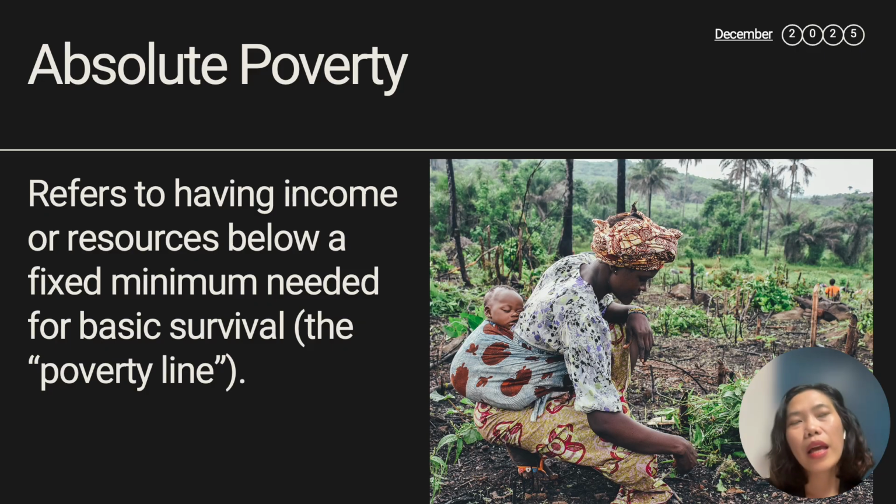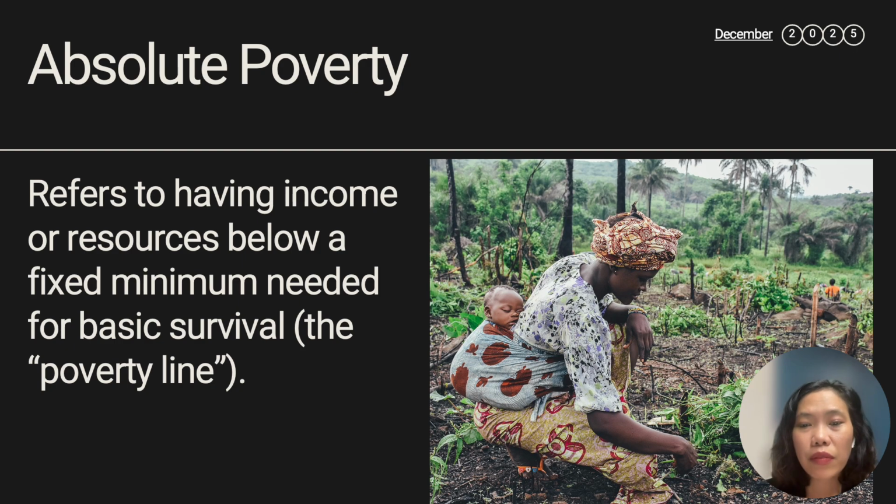So for example, a family living on less than 500 pesos a day, unable to afford daily meals, or a farmer who relies only on subsistence agriculture and often goes hungry during drought or crop failure. Another example is children suffering from chronic malnutrition because food and healthcare are unavailable.